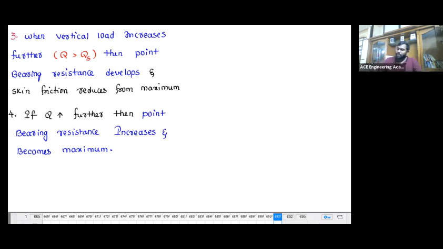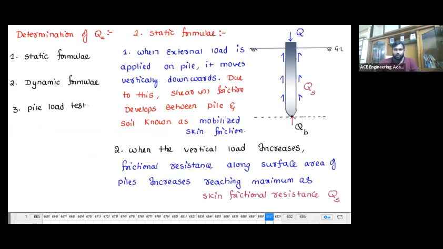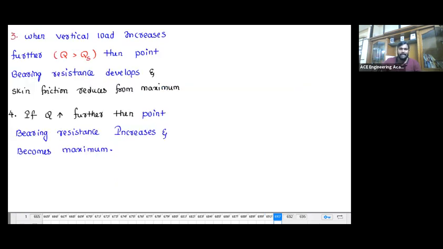So eventually, when I apply the vertical load, the skin friction is developed and the bearing resistance is also developed. At the failure point, the ultimate load carrying capacity of the pile depends upon both the unit point bearing resistance and skin friction.